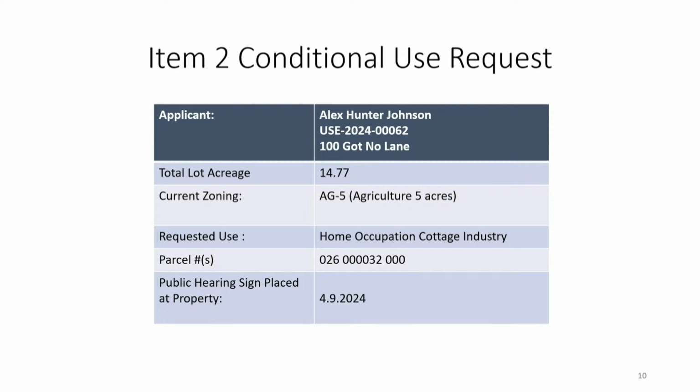Chairman. Agenda item number 2 tonight is for a conditional use applied for by Alex Johnson to allow a home occupation cottage industry. The property is located at 100 Got No Lane. And this case also has a little bit to unpack here to try and get you up to speed on how this came about.